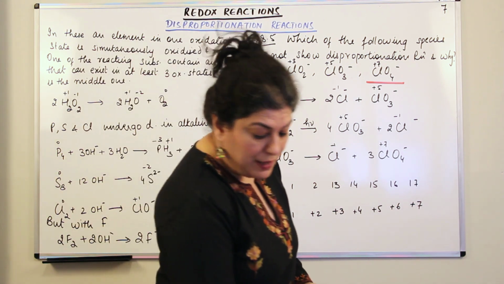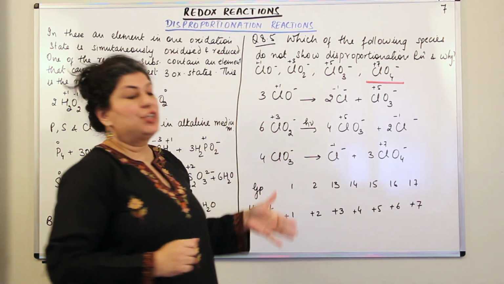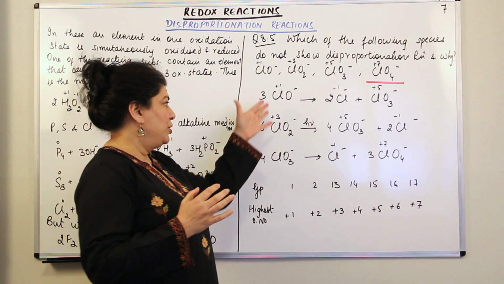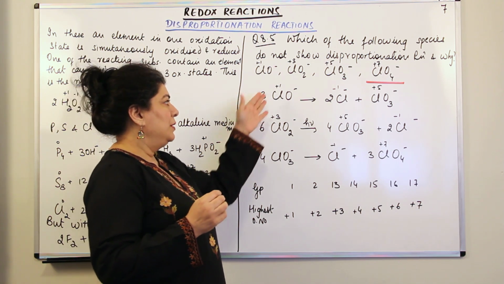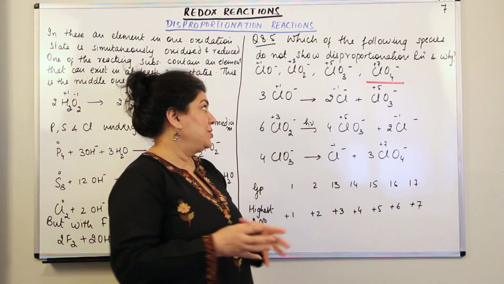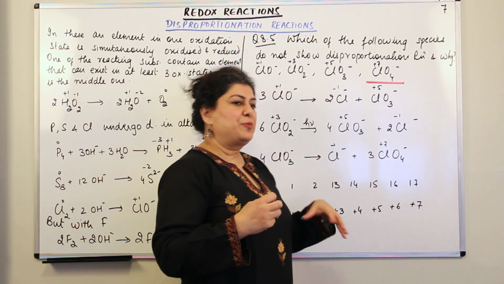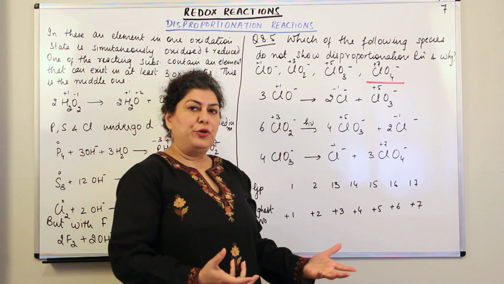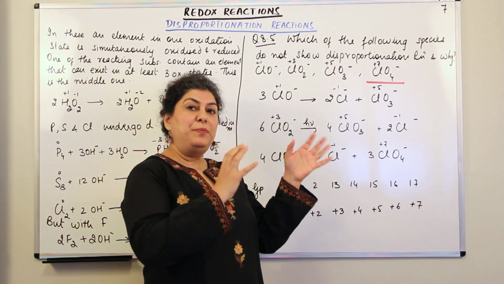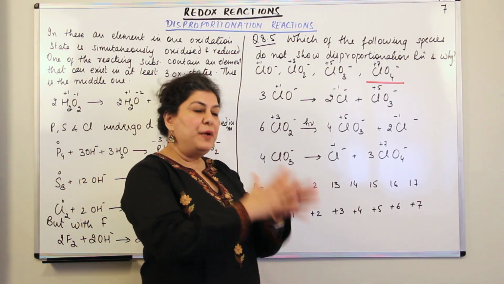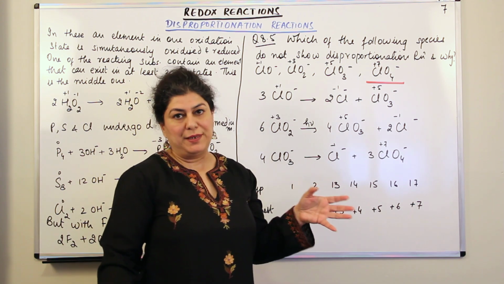So let us see the 3 reactions given to you in the textbook explaining the disproportionation reaction, in which these 3 do undergo it. I don't think you were expected to know these reactions on your own. These have been put there in the example on purpose for you to understand the topic better.